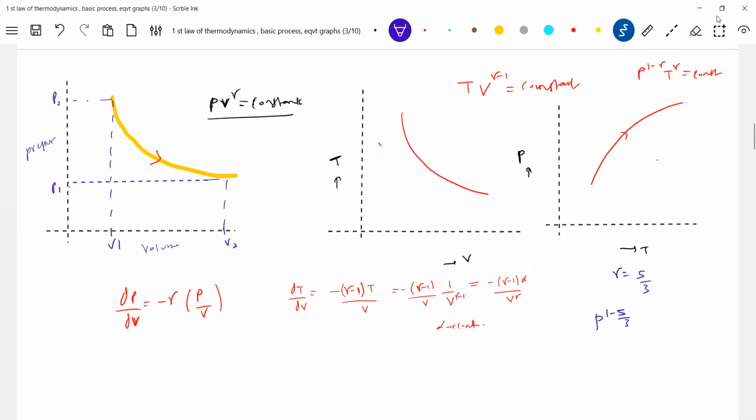P to the power 1 minus 5 by 3, T to the power 5 by 3 equal to constant. So let me solve this. So this will be P to the minus 2 by 3. How to plot the graph? You can assume monatomic gas, you'll get the gamma value. So T to the power of 5 will be proportional to some constant into P squared. I think you plot this graph, it will be of this kind.